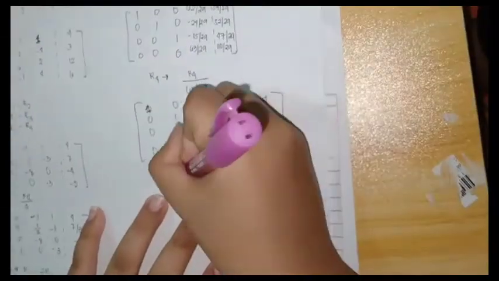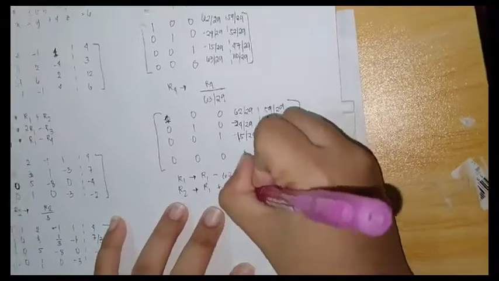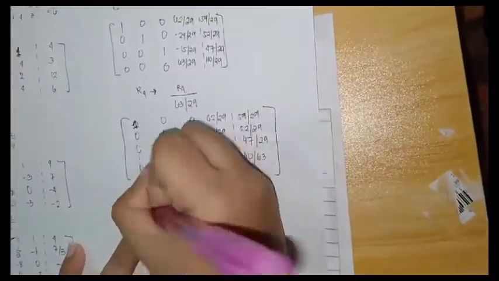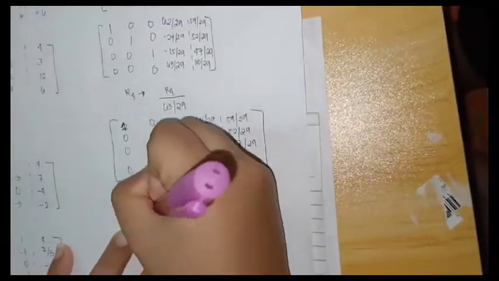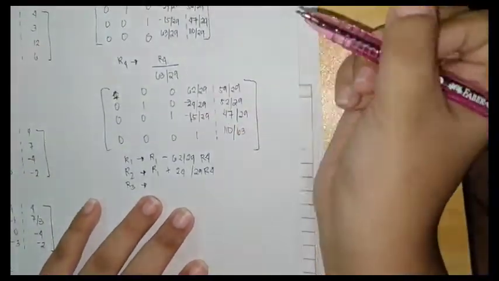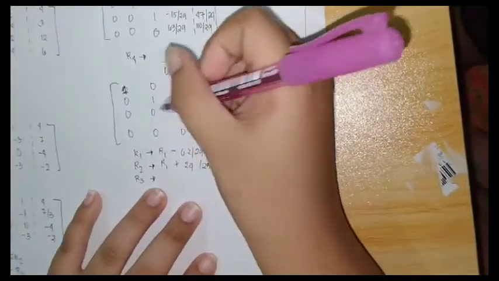So R2 plus 24 over 29 R4 to make this 0. So for the new R3, again, we're going to multiply R4 by 15 over 29 and add the answer to R3.